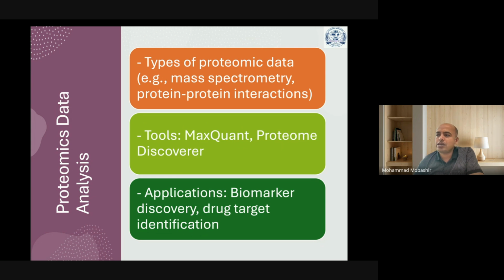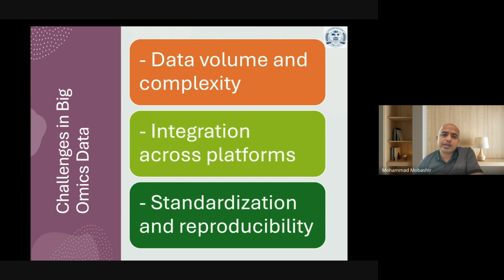Similarly, a large number of free tools as well as commercial software are available. Some of the most common tools are MaxQuant and Proteome Discoverer. Applications are for discovering biomarkers and drug target prediction or identification.